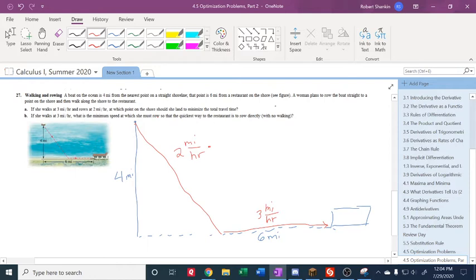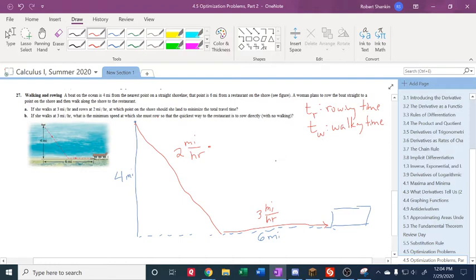And let's say that she would minimize the total travel time. All right, so we're going to have TR, which is rowing time. TW is walking time, the time that she's walking.